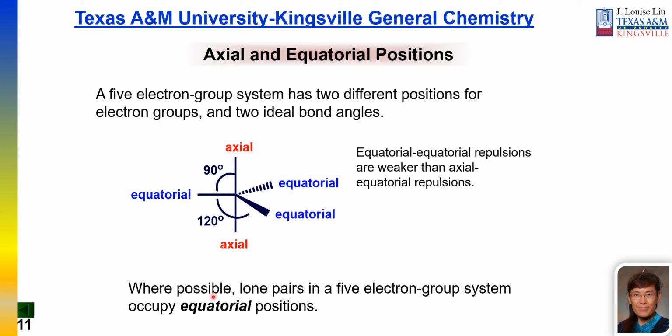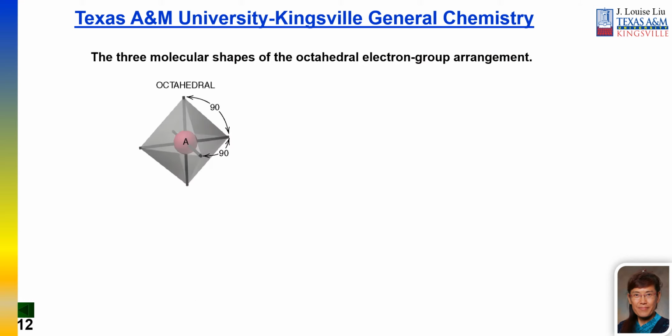Where possible, the lone pairs in the 5-electron group system occupy equatorial positions first, such as in AX4E. So your equatorial position will be occupied first. You form a seesaw structure because this repulsion is bigger, so you need more space.